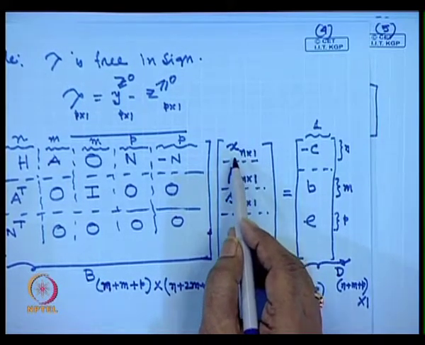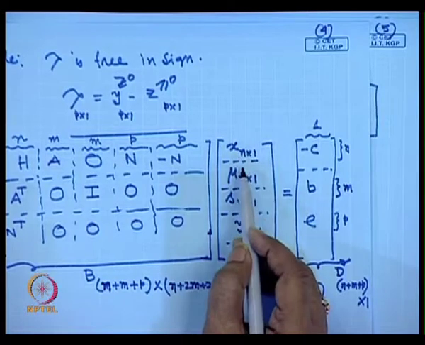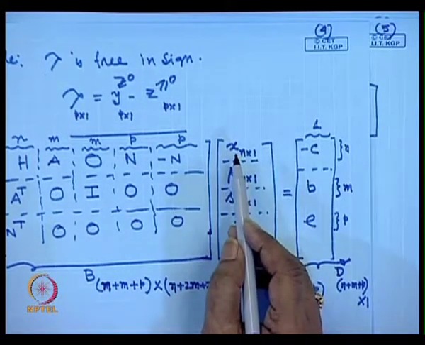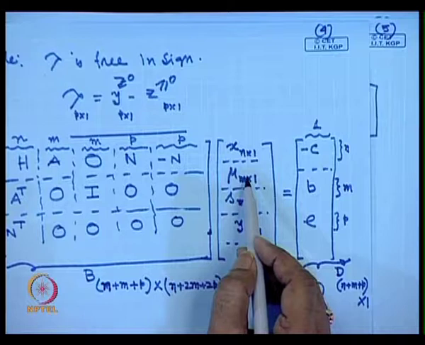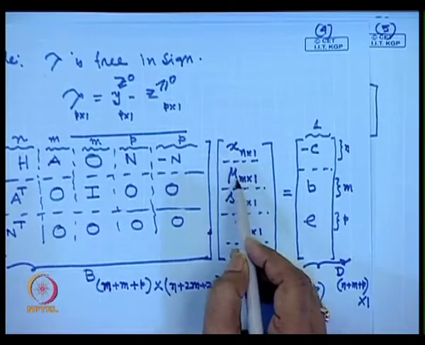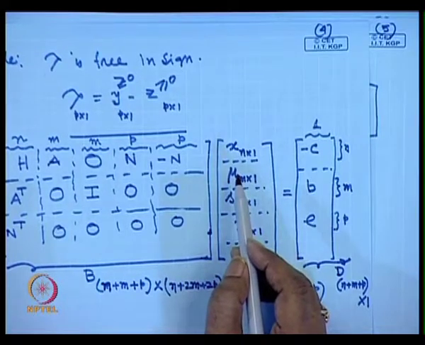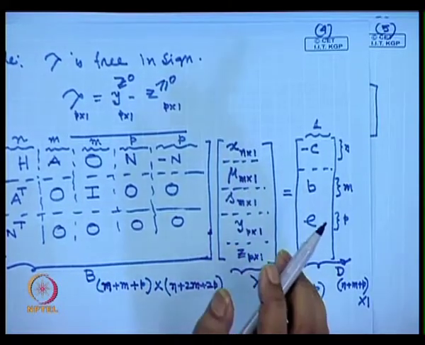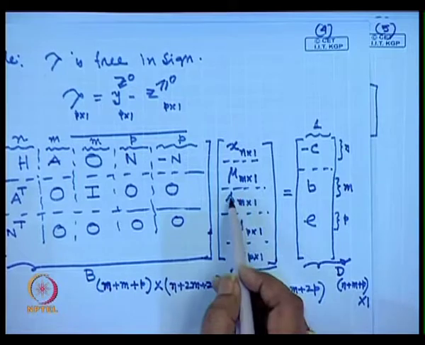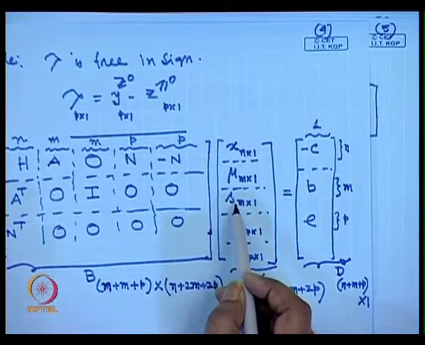Next, x n plus 1 is equal to mu 1, x n plus 2 is equal to mu 2, and in this way the last element of mu will be x n plus m. Similarly, s has m variables.